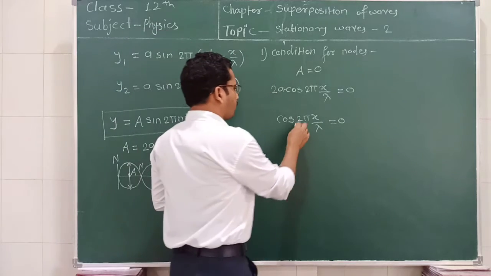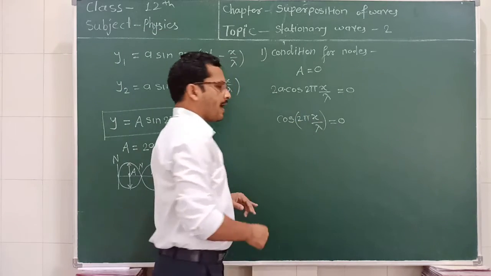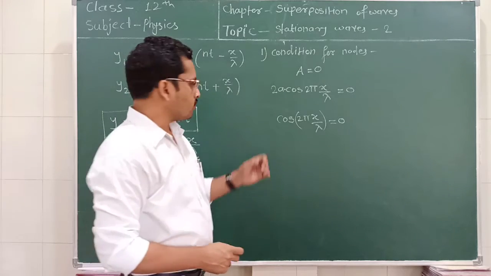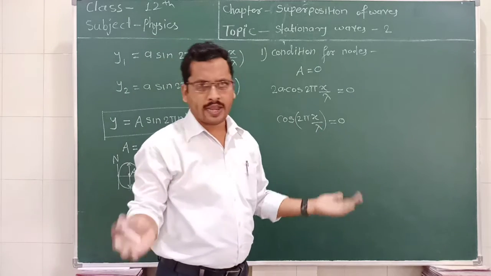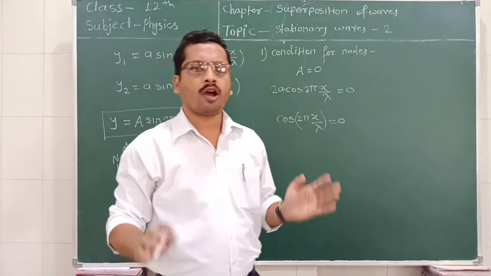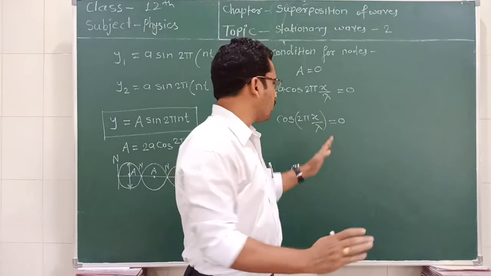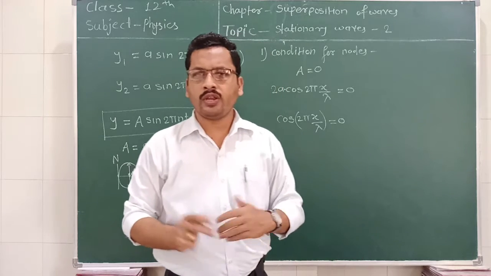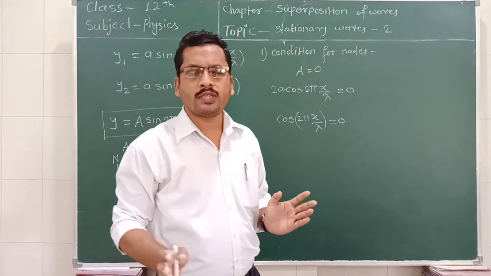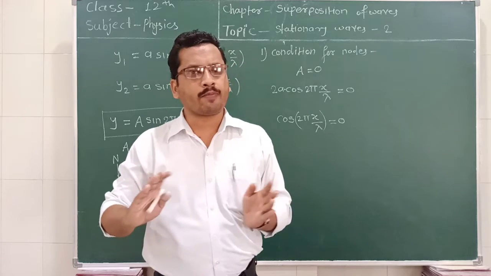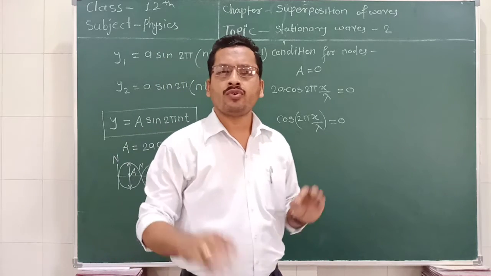Now, this is the angle. Cosine of what angle is equal to 0? We know that cos 0 is equal to 1 and cos(π/2) is equal to 0.